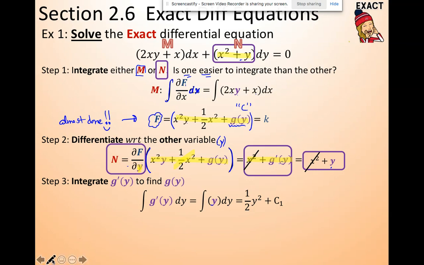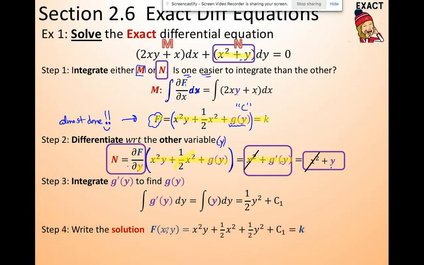So now I am just going to copy and paste this whole equation down here, but I'm going to be able to fill in for g of y. Right? There it is. F in terms of x and y is x squared y plus 1/2 x squared plus, I found what g of y was, 1/2 y squared plus a constant, a pure constant, not in terms of any variables, is equal to k.